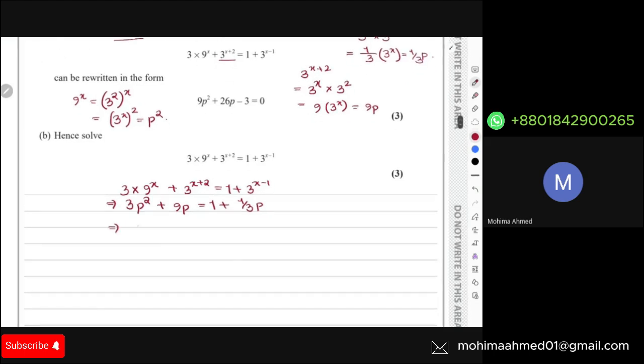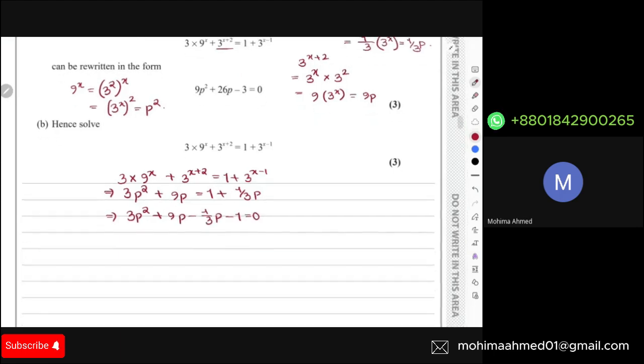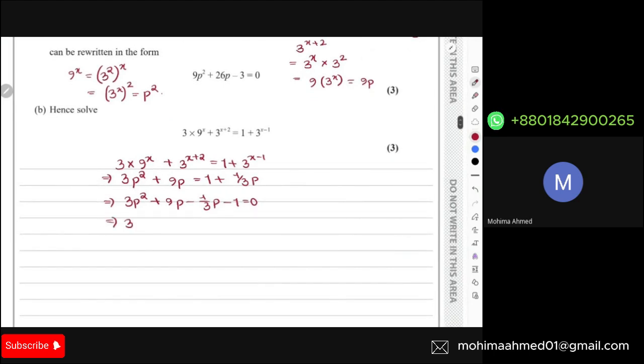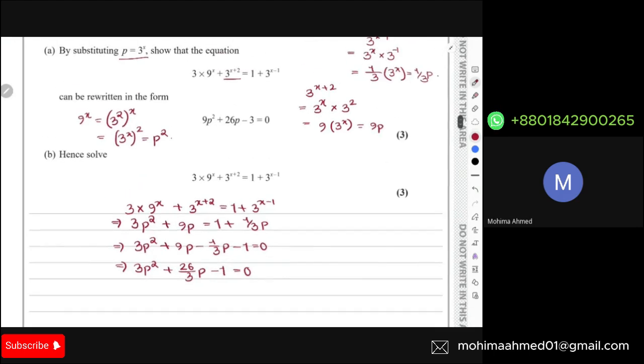So from there, I can write this as 3p square plus 9p plus 1 minus 1 over 3 p minus 1 equals 0, and we get 3p square plus 26 over 3 p minus 1 equals 0.